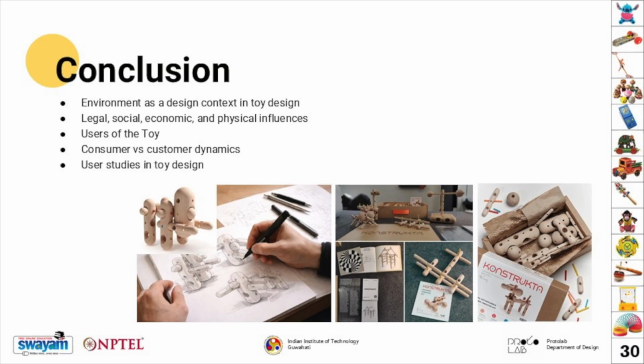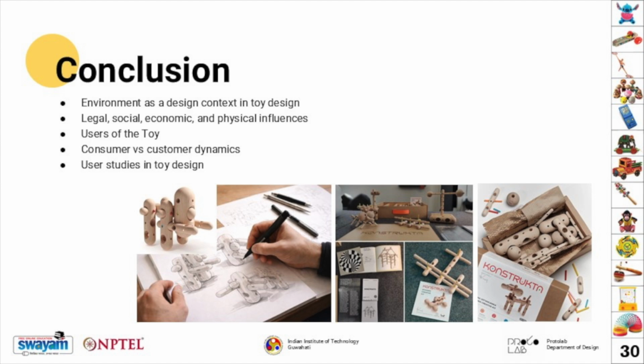Let's step back and look at the full picture. Toy design does not begin with form or features. It begins with context. The environment shapes what is possible and permissible. Legal, social, economic, and physical forces create boundaries.